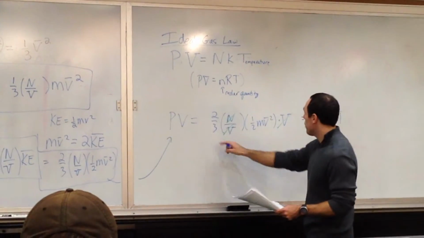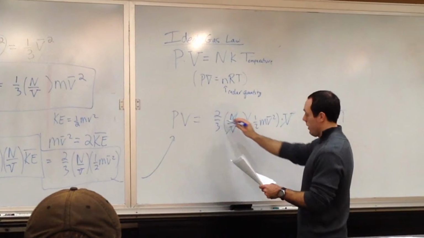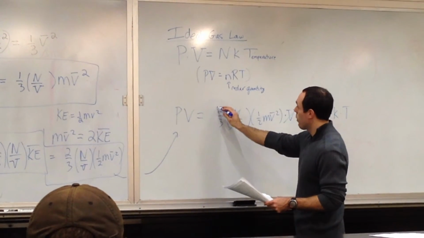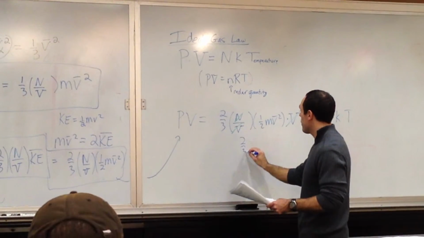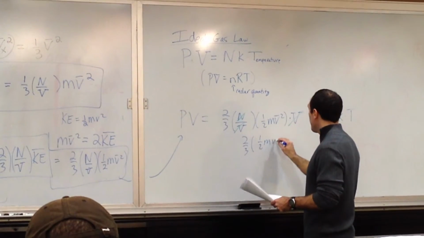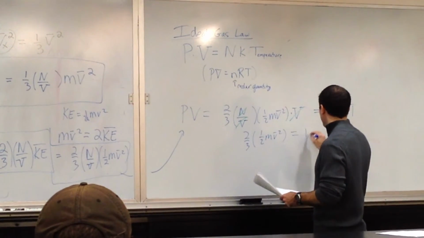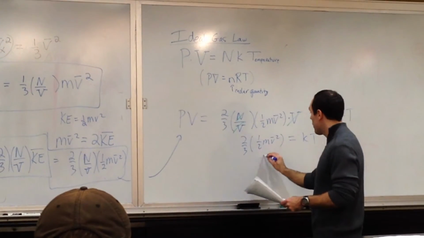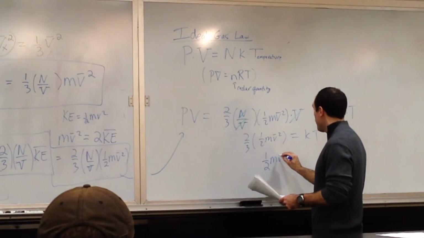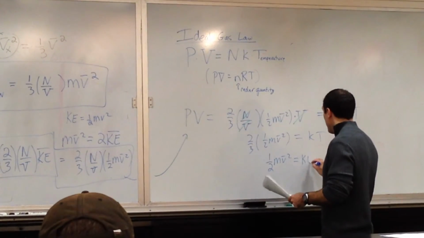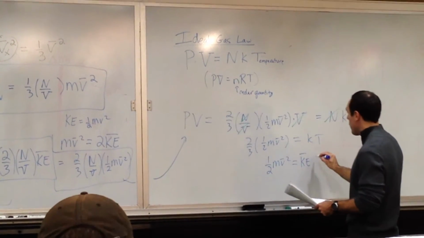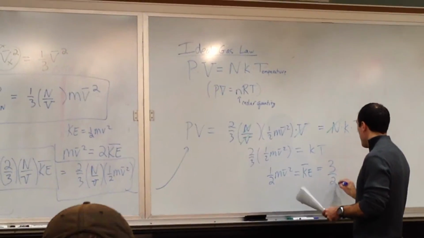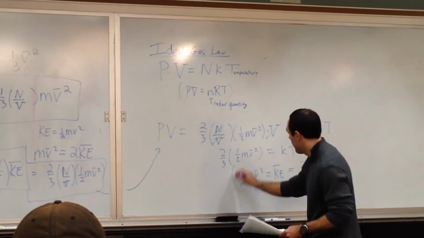Let me also see right here. I'm going to now multiply this, so I have 2/3 times 1/2 mv squared, the kinetic energy, is equal to kT. Or what I could say now is 1/2 mv squared, which is the average kinetic energy, is equal to 3/2 kT.